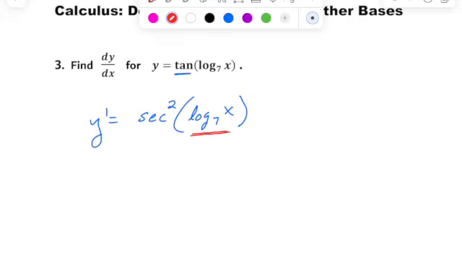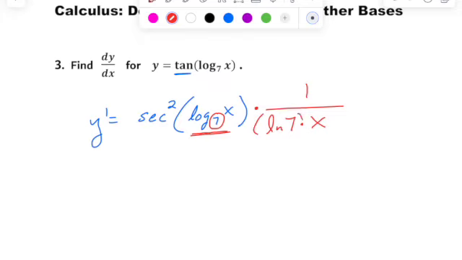So here's your chance to use your new log rule we just learned. So multiplied by the derivative of a log, make your fraction. It's not ln, it's not base e, so you have to put an ln of 7 in the basement there. And it is just x, so it's just going to be 1 over x. And that's that.